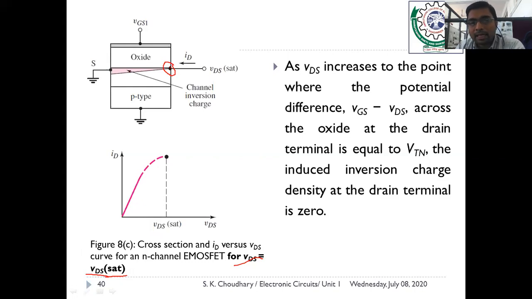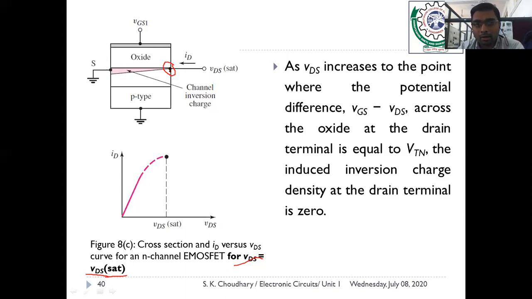This means the width of the channel decreases near the drain region, but the width of the channel stays the same near the source region, because we are not changing any source voltage. We are only varying the drain voltage. So what happens? The voltage difference VGS minus VDS, that is VGD actually, across the oxide becomes equal to the threshold voltage.